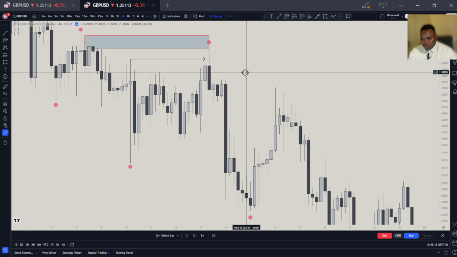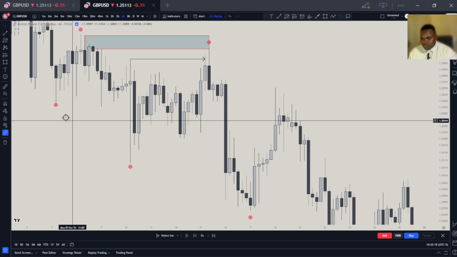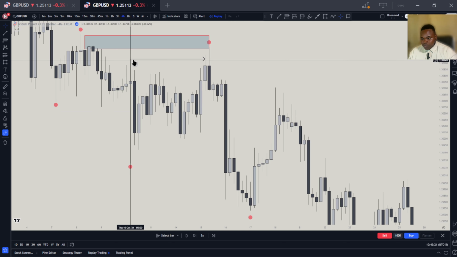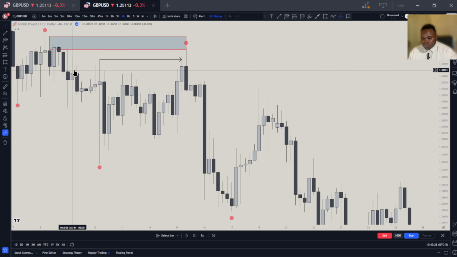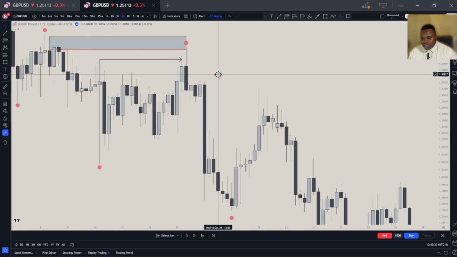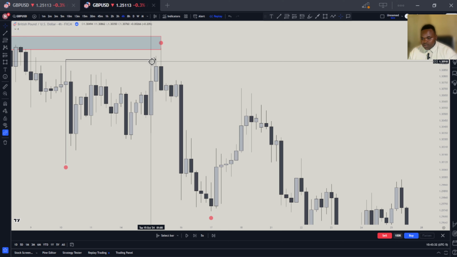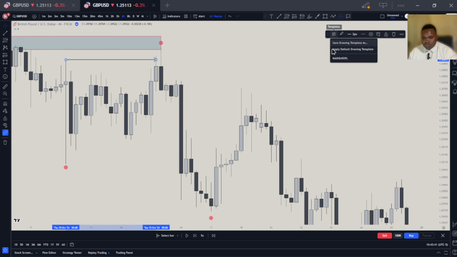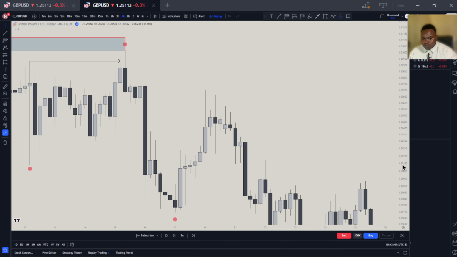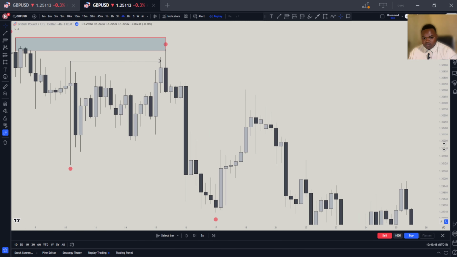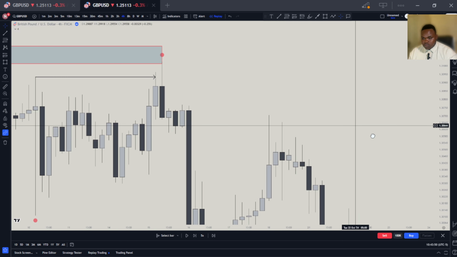There's another block here. So when I say an order block must sweep liquidity, I'm talking about a high being swept, maybe an internal high. All this is liquidity. It can be an internal high or it can be a candlestick high.